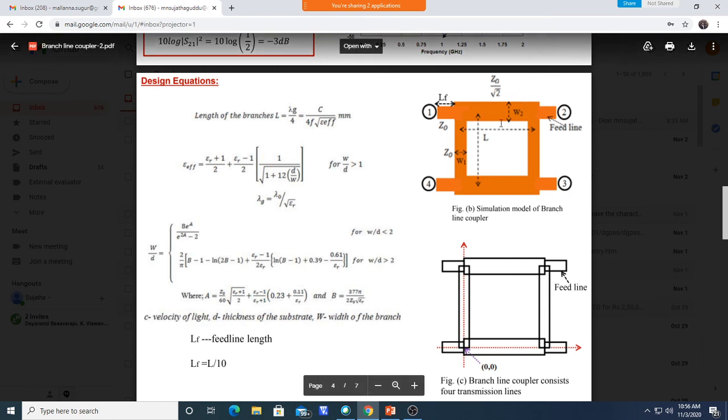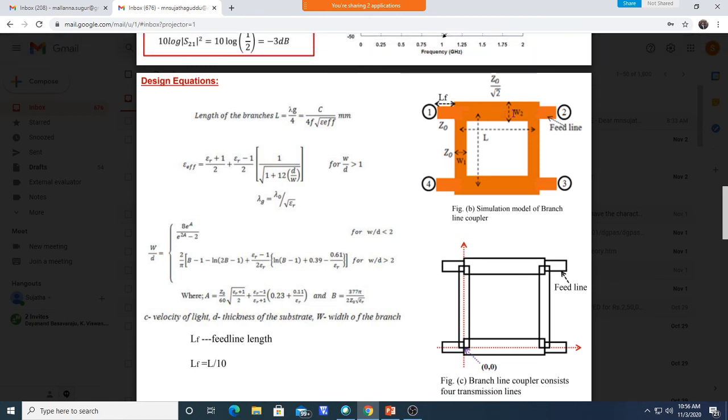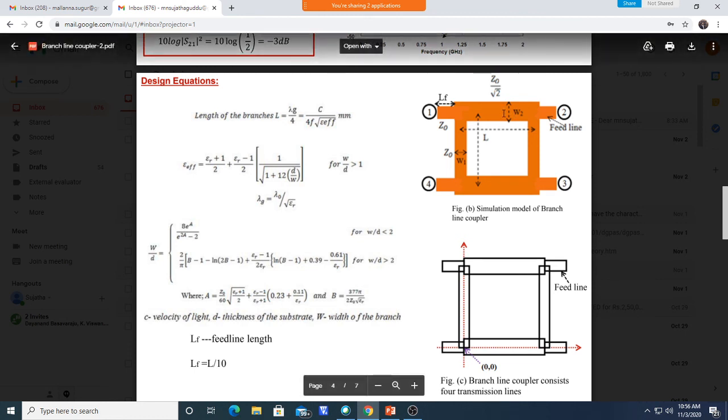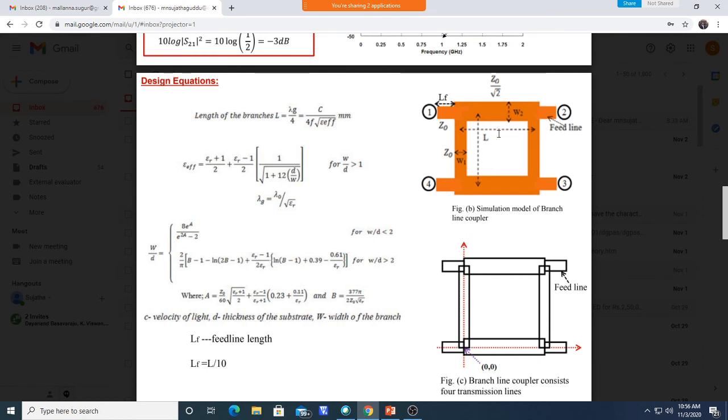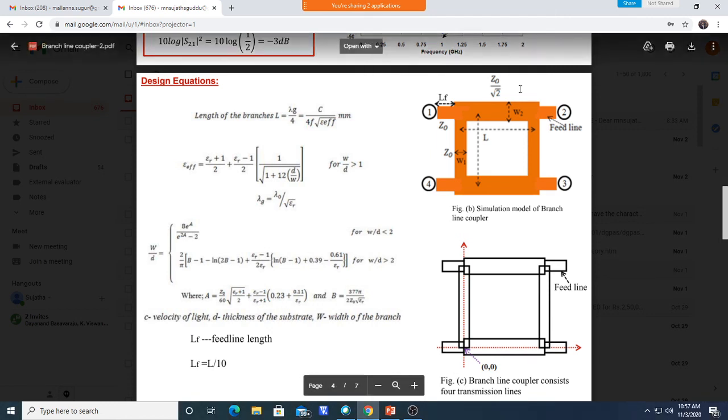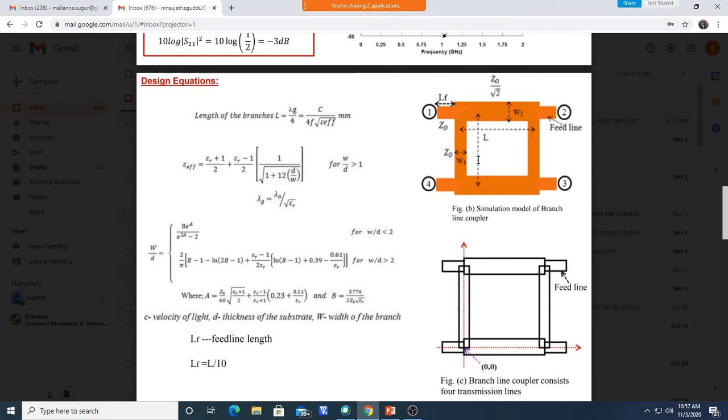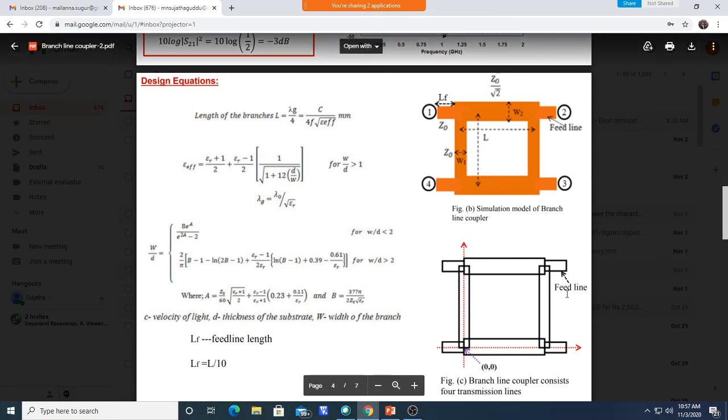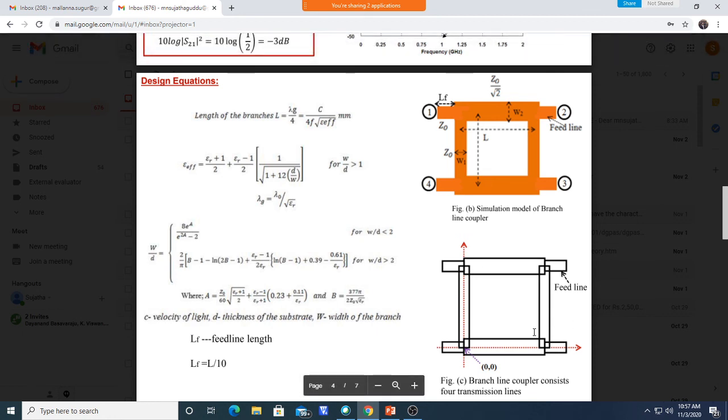If you want the width W2 of this, you should put a characteristic impedance equal to 35.35. Then you will get the width of this and the width of this. That design you have to bring to the laboratory. Get the values of W2 and W1, and use those values in constructing this.